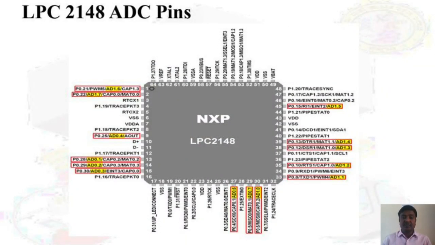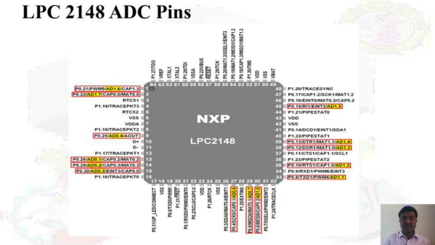Here are the LPC 2148 ADC pins. As we have seen, ADC 0 has 6 channels and ADC 1 has 8 channels. In this figure, the yellow marked lines are the ADC pins, because in LPC 2148 each port has multiple functions: input output port, MAT functions and ADC functions.